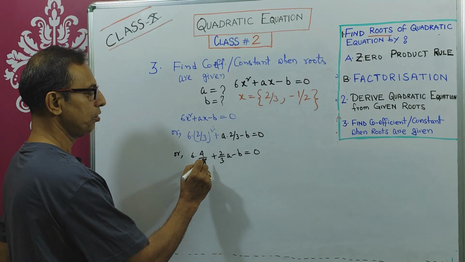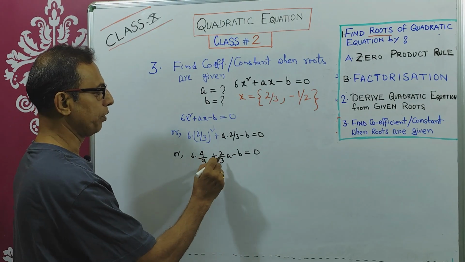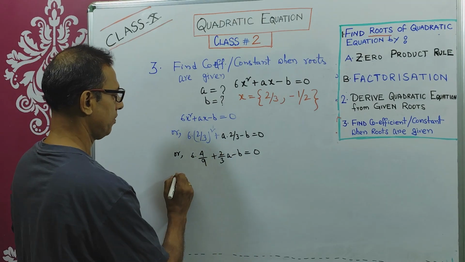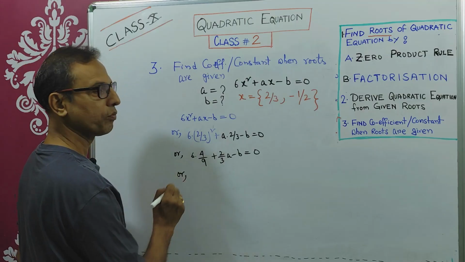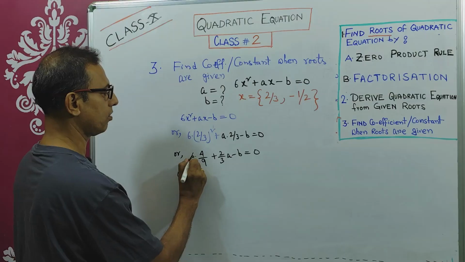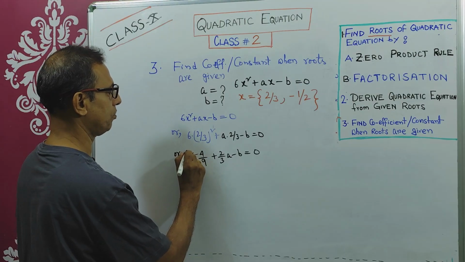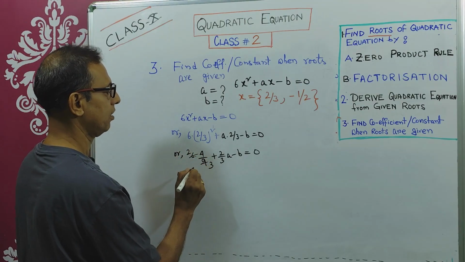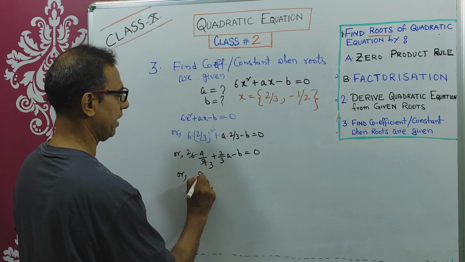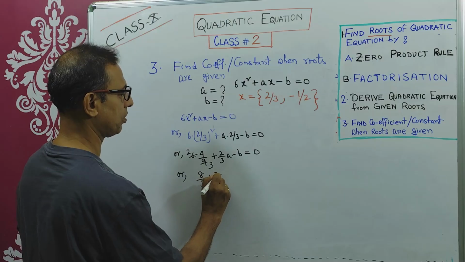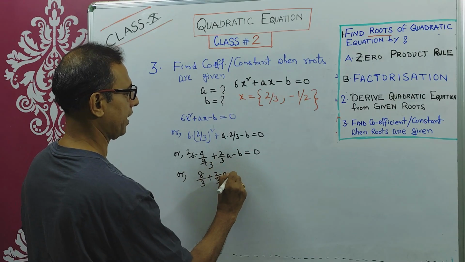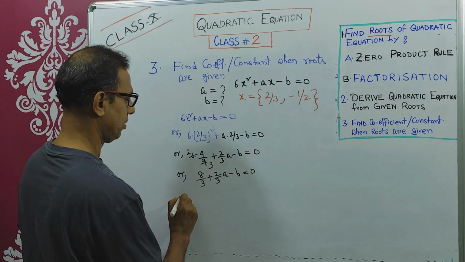Right? So to eliminate the denominator part, what will you do? You will multiply this with 9. Now you can just cancel, 3 2s are 6, 3 3s are 9. So 2 into 4, 8/3 plus 2/3 a minus b equals 0.